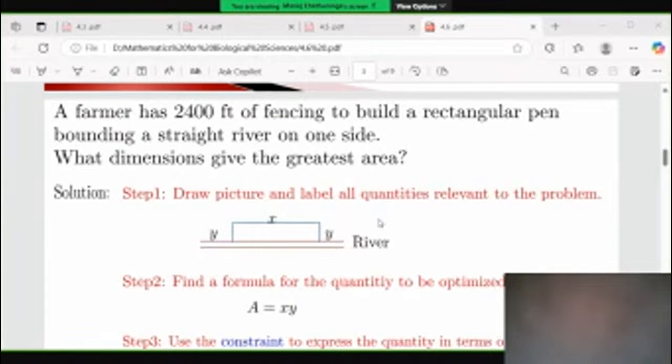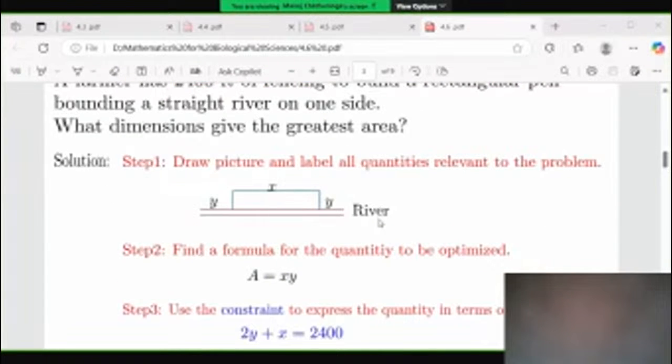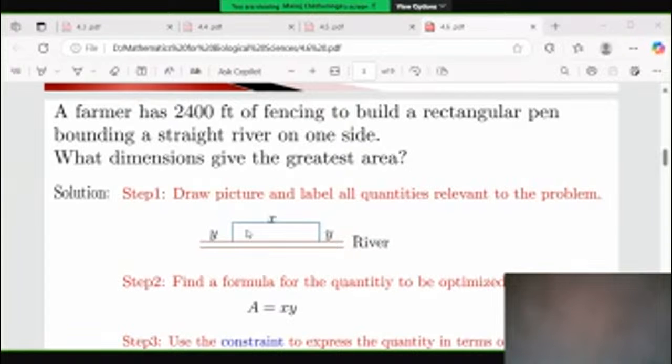So he wants to maximize the area. Area is x times y. Area depends on two parameters, two variables, x and y. But x and y are not independent from each other, because the length of this whole fence must be 2400.